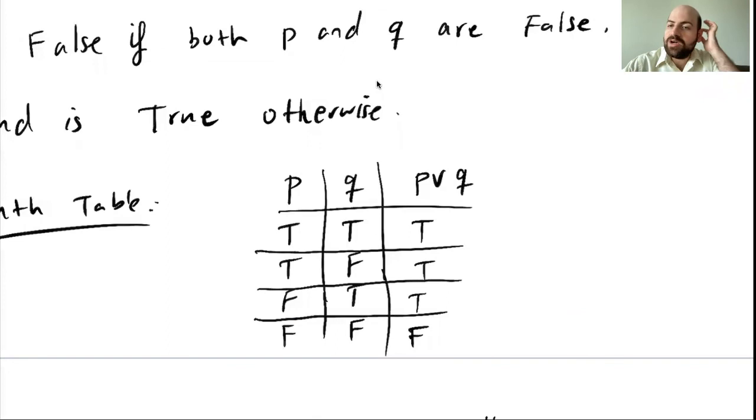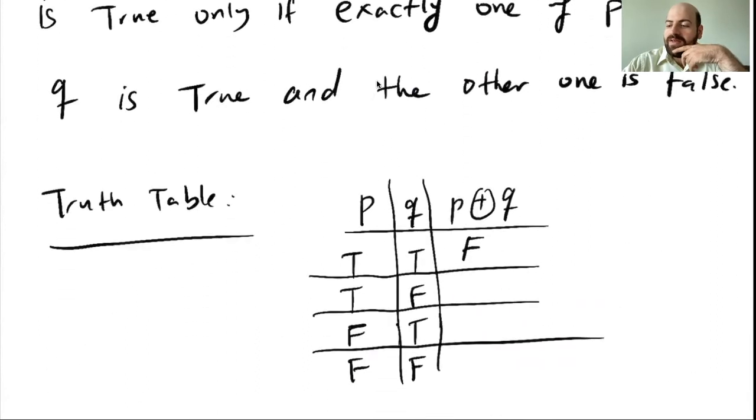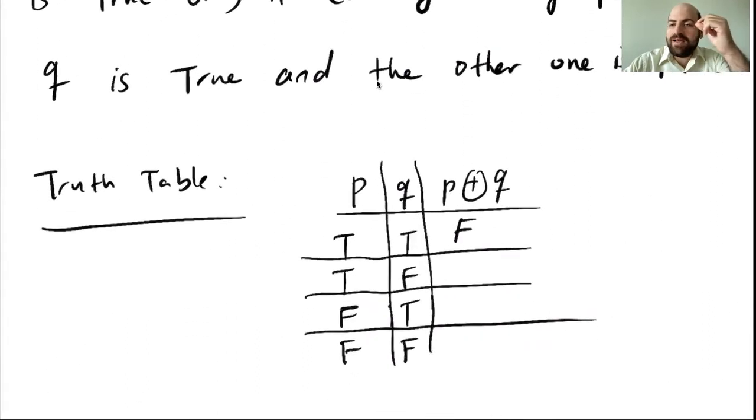When we say P disjunction Q, we just require at least one of them to be true. Whether exactly one of them is true or both are true, we don't care. In any case, the disjunction is true. But in the case of XOR, we require that exactly one of them must be true, not at least one of them.